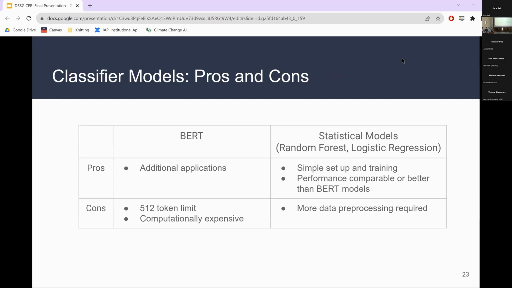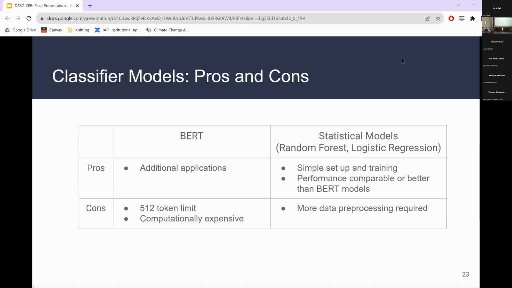And this is important when you consider CER's future data sets and all the time that might be needed to manually label them. That being said, there is also the limitation for Bert of its 512 token limit, which means that it will only accept 512 words for each, for example, each condition. Anything past that, it won't consider in the model.